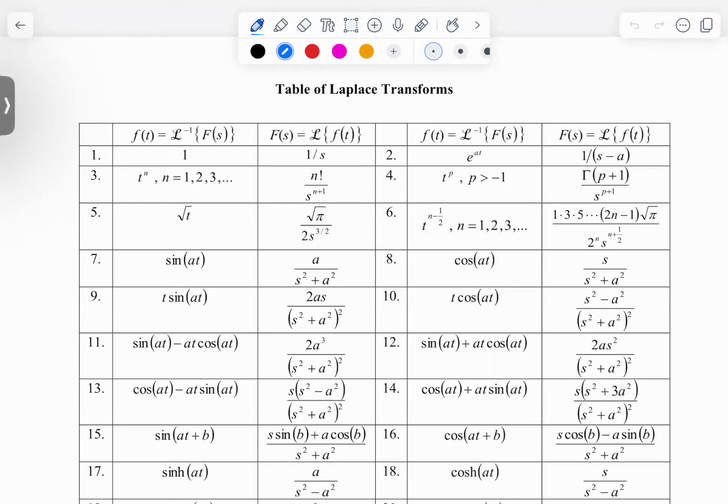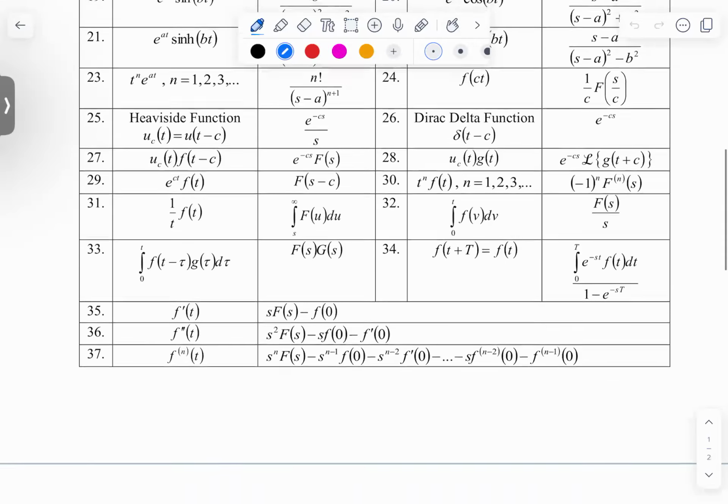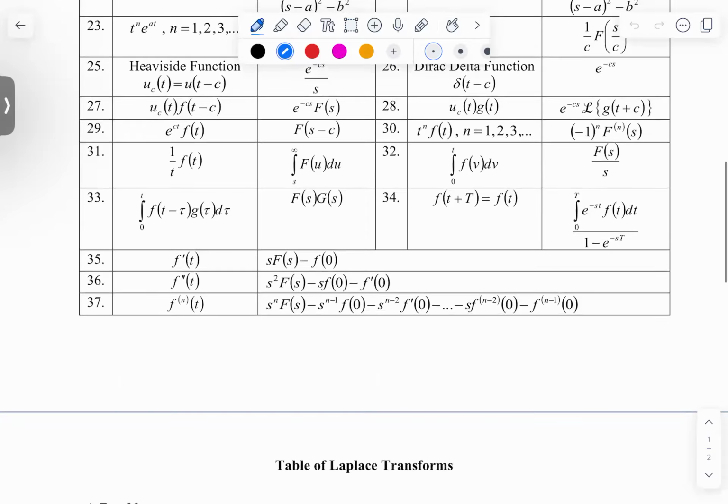Notice the two that we proved, 1 over s and 1 over s minus a, and then I had the proof there for sine as well. With all these, this table is a near exhaustive list, and the reason is that between a couple of these other ones that simplify, I can find basically everything as combinations or variations on those main functions that we have.